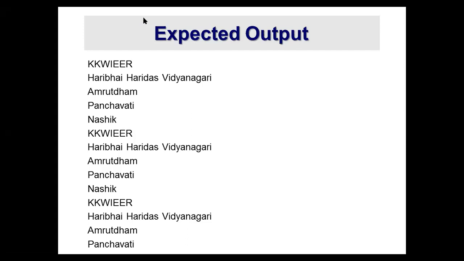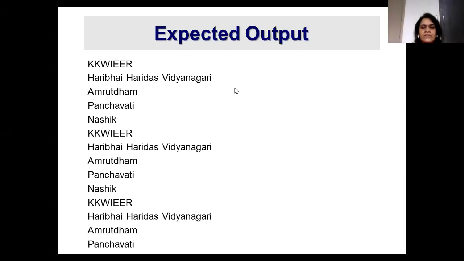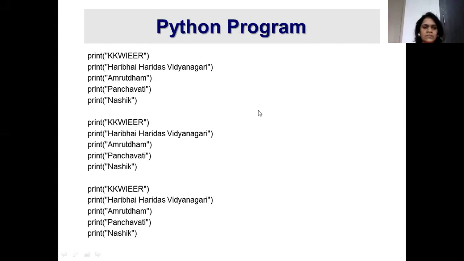To display this, say for 3 times, how many print statements will you require? You will require at least 15 print statements to display this address 3 times on the screen. To avoid this, we can use a function.